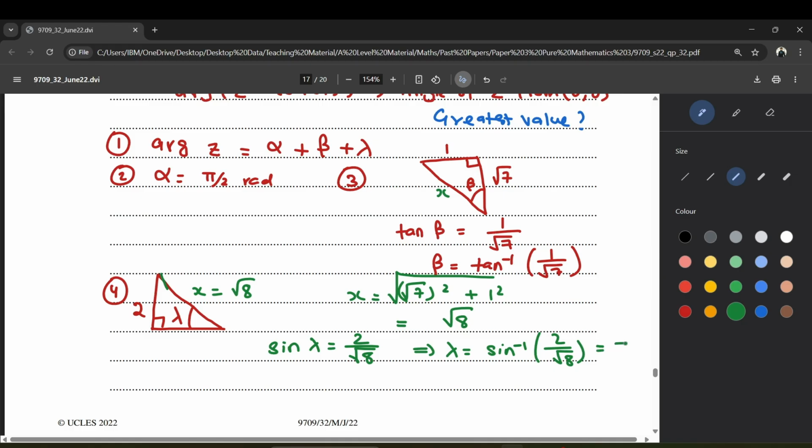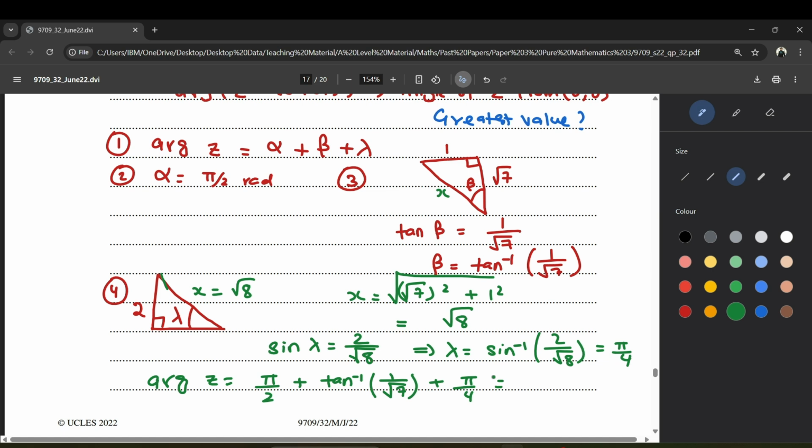So this turns out to be exactly pi upon 4. So now we have all the components. We can now finally work out the argument of z, which is alpha, that was pi upon 2, plus beta, which is tan inverse 1 over root 7, because this one does not give you an exact value, plus pi upon 4.